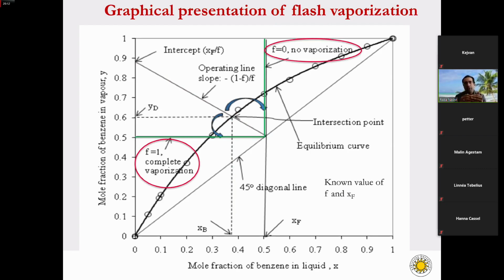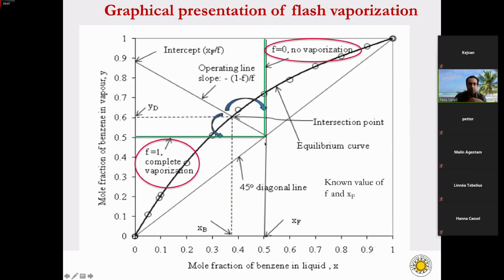The feed quality normally used in distillation can be seen in three ways. The feed can be 100% liquid, so we can call it saturated liquid. There is no vapor coming with the feed, so it's only the liquid phase. Another way is 100% vaporization of the feed, so only vapors are entering the distillation column, and there could be a mixture of liquid and vapors in the feed, right?